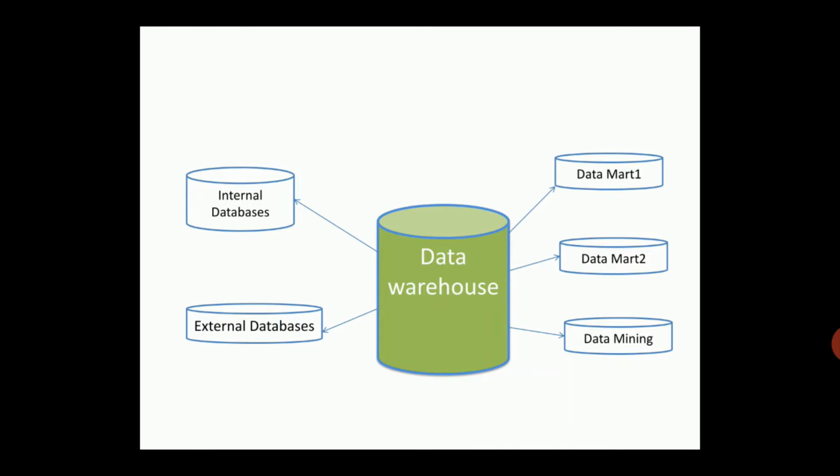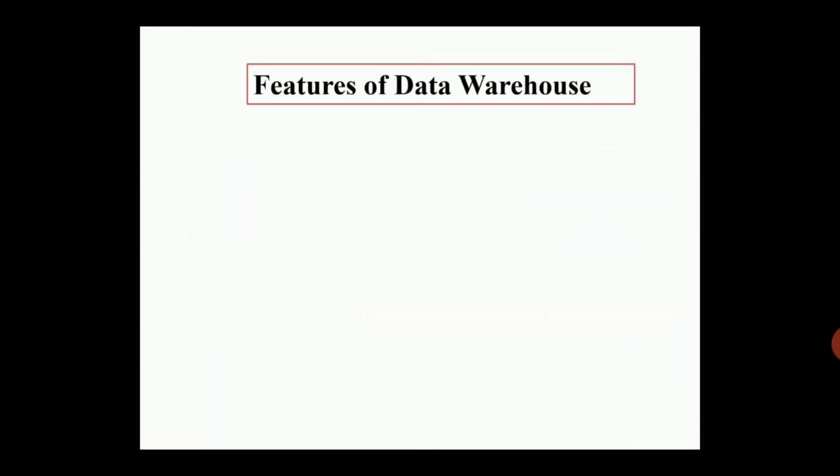To store the data in the data mart, it is extracted from the data warehouse. Then again it is transformed to the required format, for example relational database. So the data needs to be transformed to the relational database and then it is loaded into the data mart. So this is how the data warehouse works.